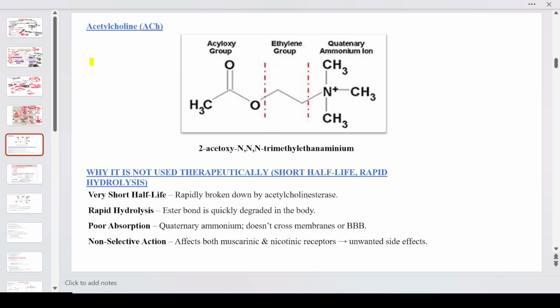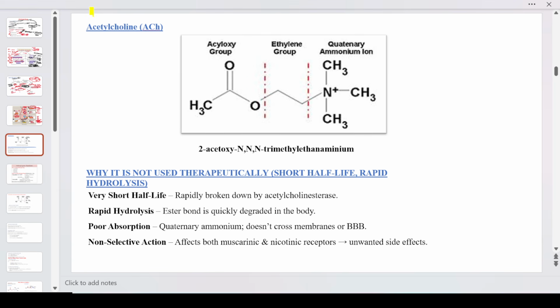So अब हम मेजर जो न्यूरोट्रांसमीटर है हमारे कोलिनर्जिक सिस्टम का, which is acetylcholine. So we will learn about acetylcholine. ठीक है, acetylcholine के बारे में पढ़ते हैं। I am drawing a simple structure of acetylcholine here.